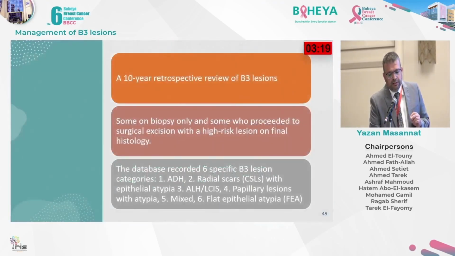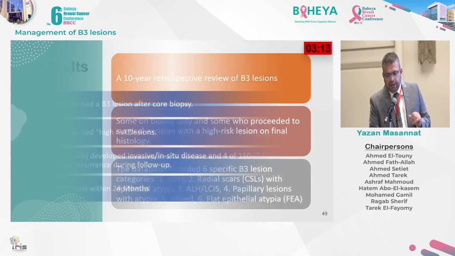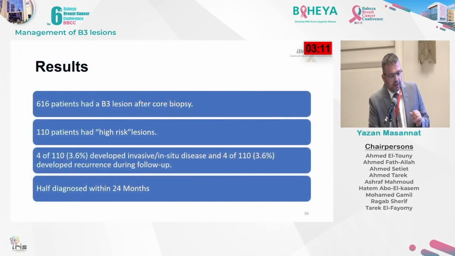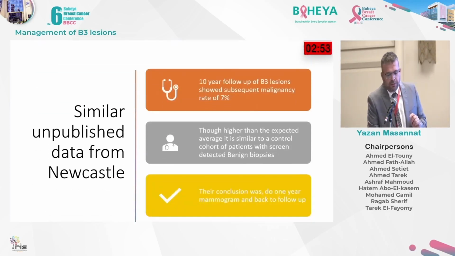They looked at a retrospective study with 10-year data, and they looked at all the B3 lesions that we talk about. 600 patients, 110 of them had high-risk lesions, only 4, which is 3.7%, developed invasive disease, and 4 had recurrence, and half were diagnosed in the first 24 months, meaning that most likely it was not completely excised the first time. That's why they were diagnosed in the first 24 months.